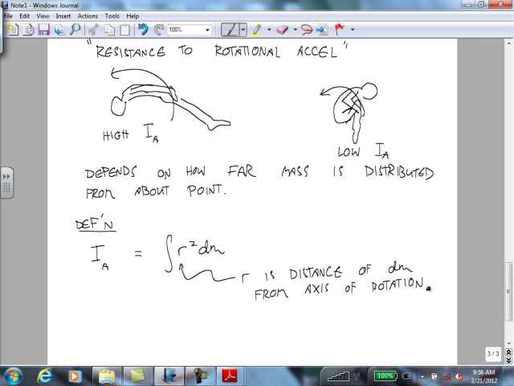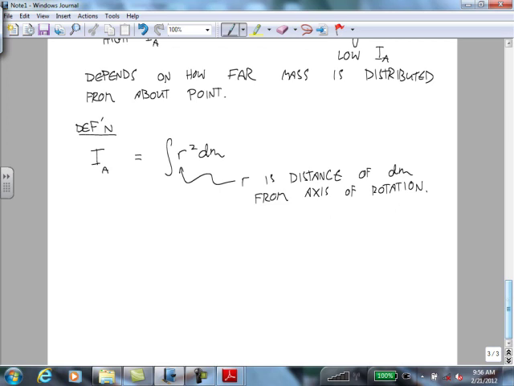So if you think about what this integral would give you in terms of units, the SI units for a moment of inertia are going to be kilogram meters squared.